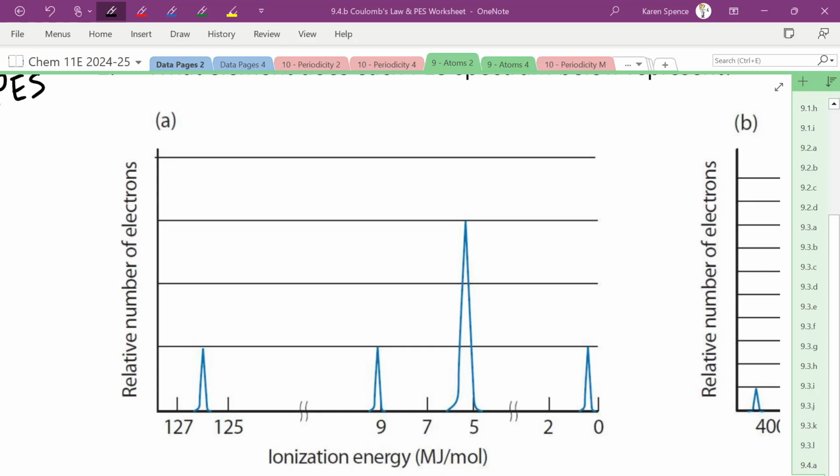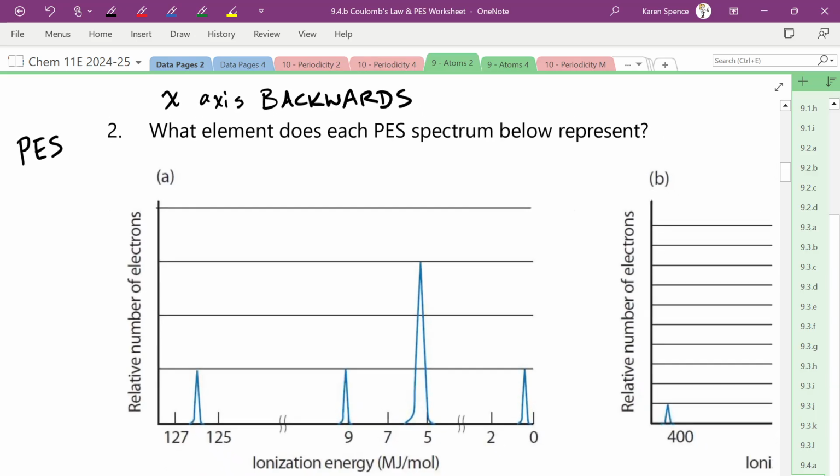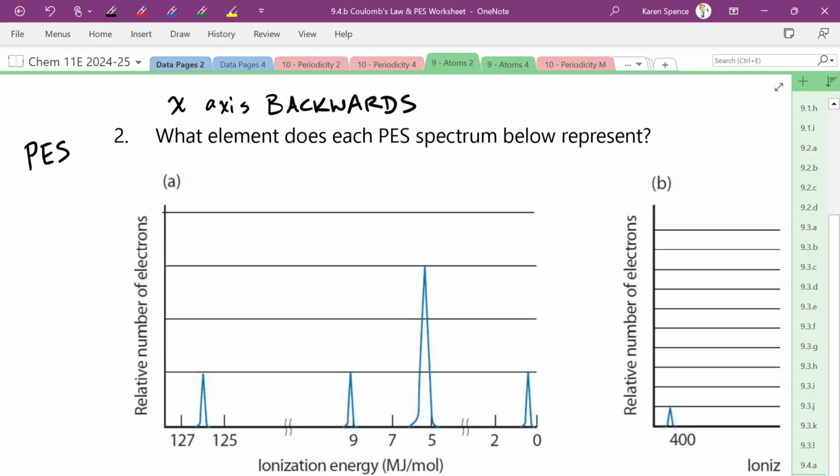One thing to remember about PES is that what does the x-axis do? The x-axis goes backwards. And the reason for that is that it makes it easier for you to orient your graph.